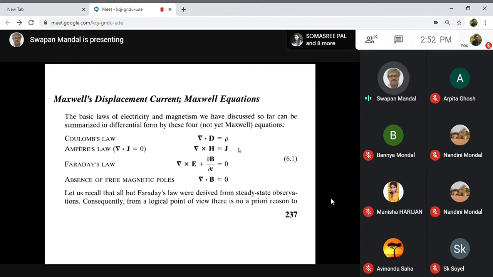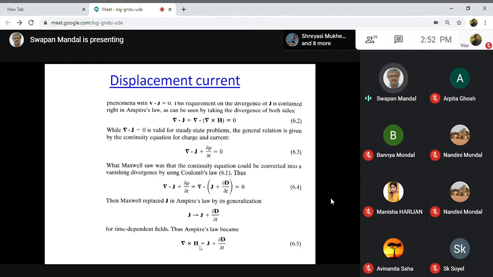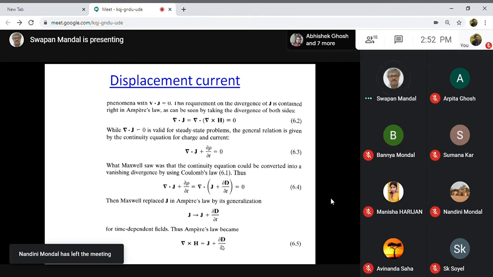So finally, he got curl of H equal to J plus ∂D/∂t. And this is exactly the contribution of Maxwell, in addition to the four equations we already had in our electrostatics and magnetostatics problems.